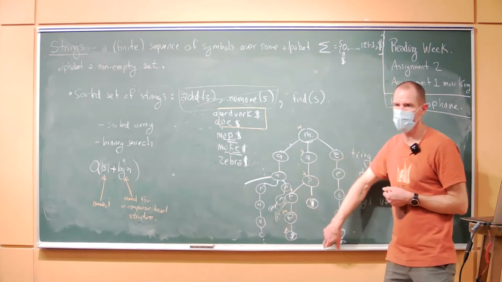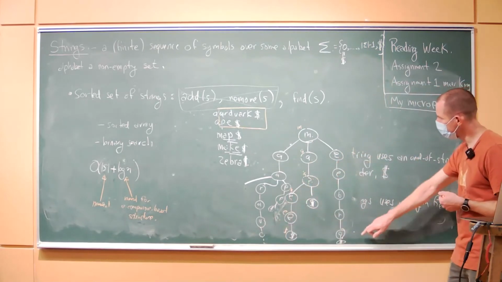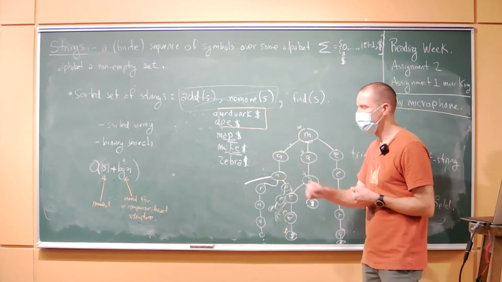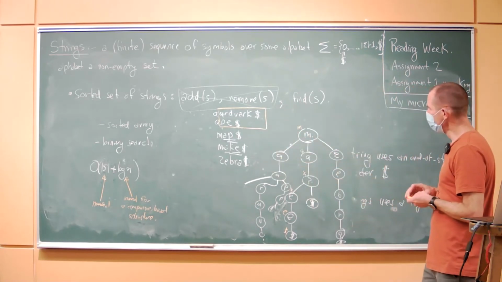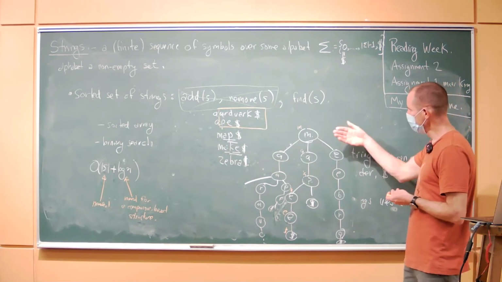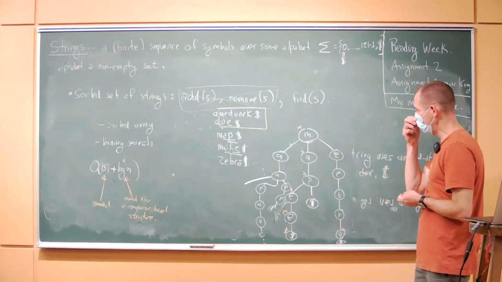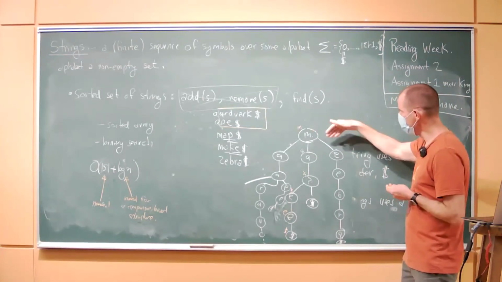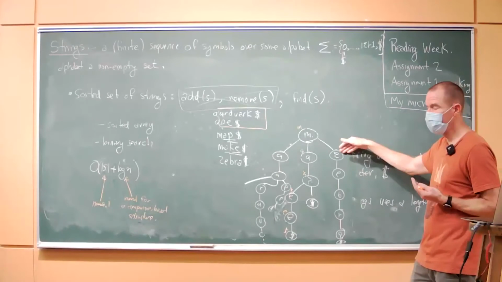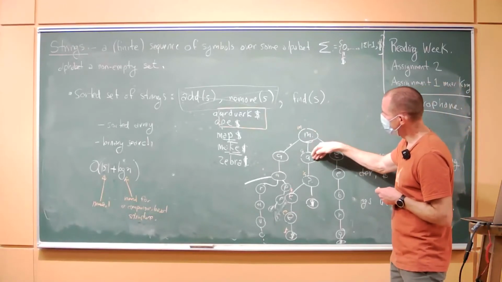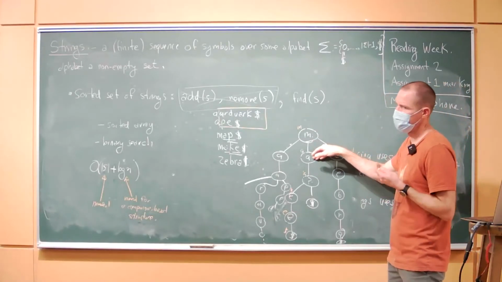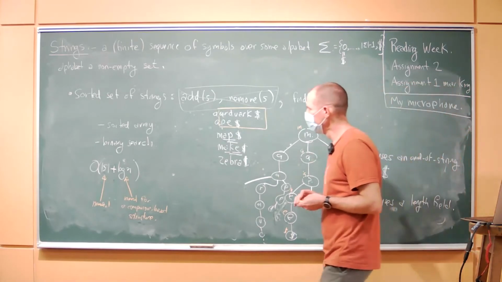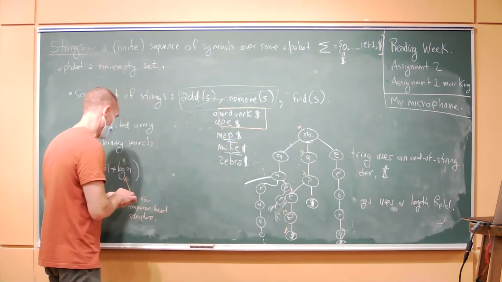So all the leaves end up being $ signs, and the number of leaves in this tree is the number of elements in the set. When I take a step in my search, either the number of leaves goes down by a factor of 2, or there is one character in my string I'll never have to look at again. So that's where you get this running time.